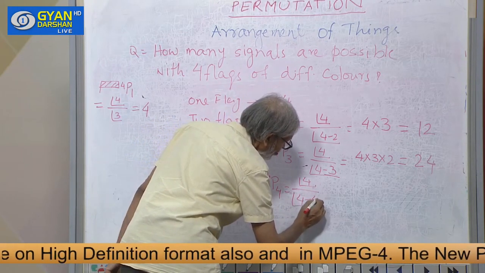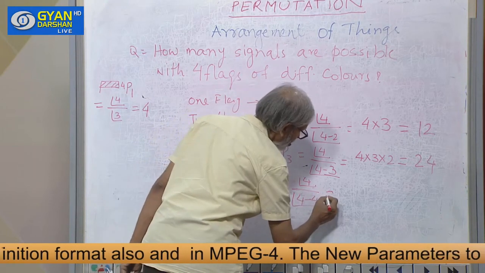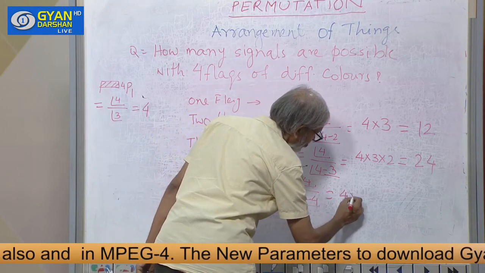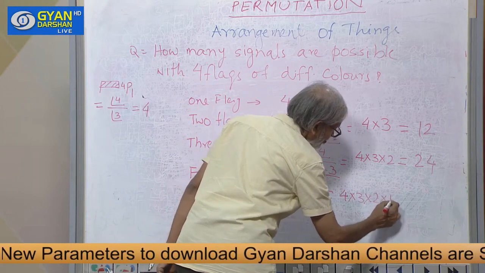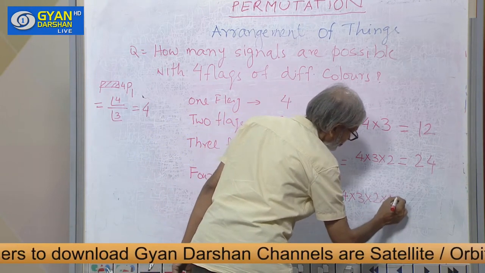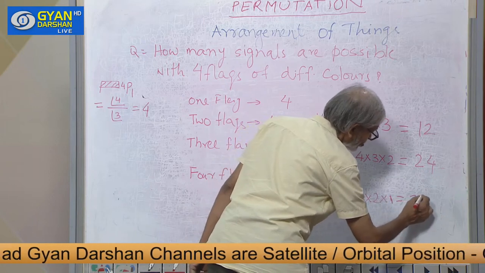It means factorial 0, which is equal to 1. So this will also become 4 into 3 into 2 into 1, which is equal to 24.